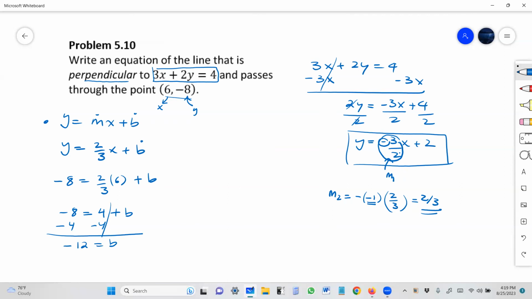All right, so once I found M and I found B, I can write the final equation, which is 2/3 X minus 12, okay?